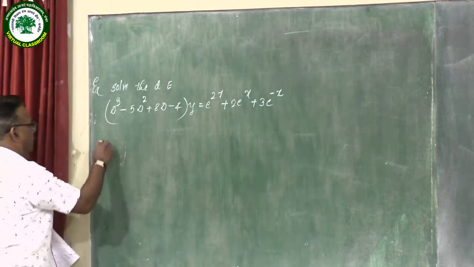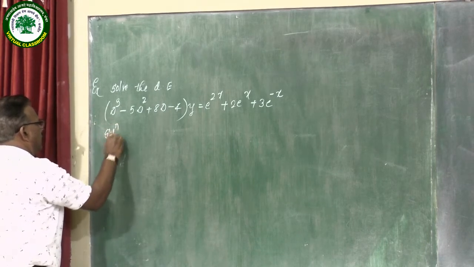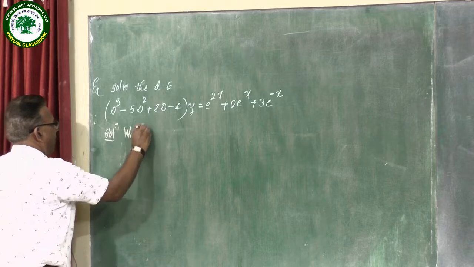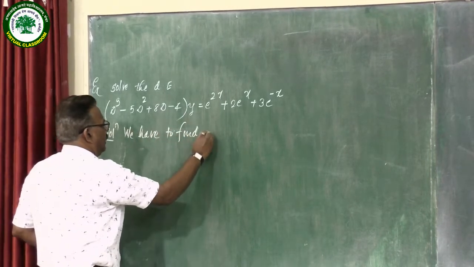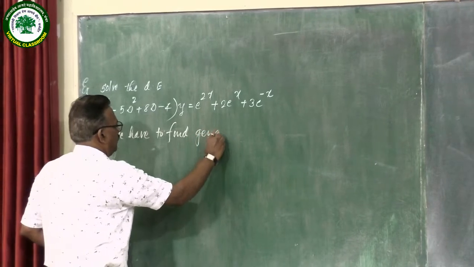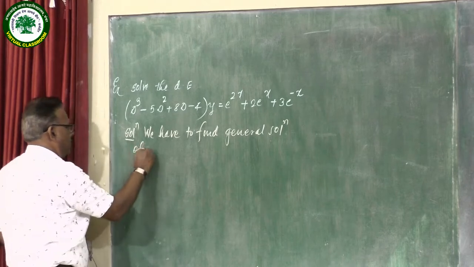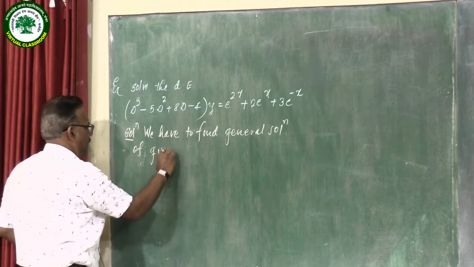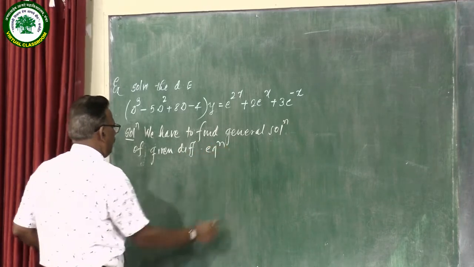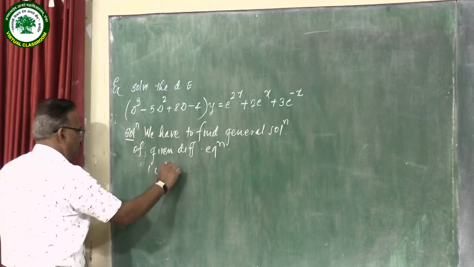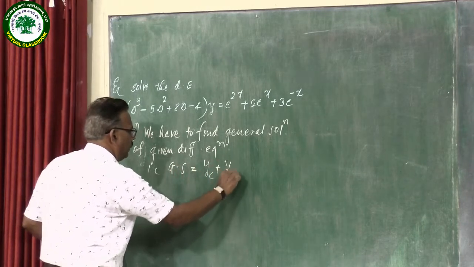First, to find the general solution of the given differential equation, that is, general solution is equal to yc plus yp.